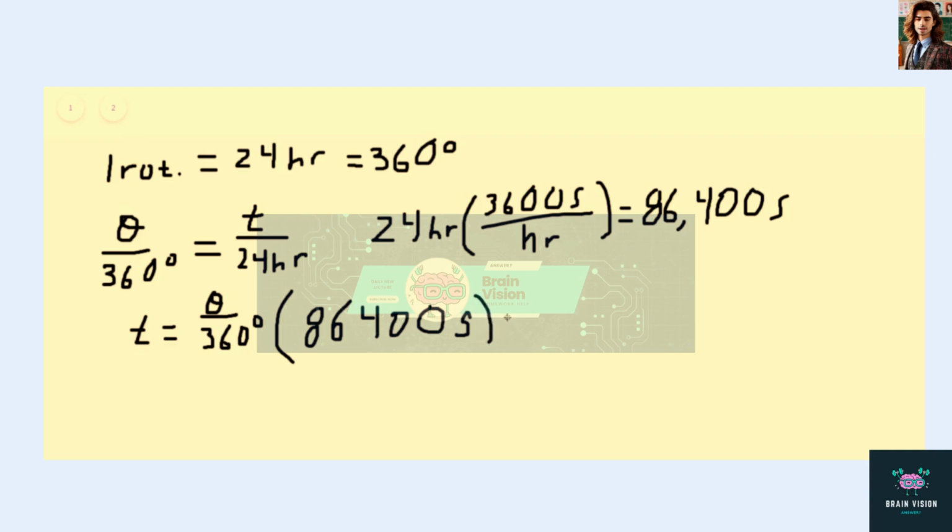And that comes out to be 8.8 seconds. So that's how much time passes between the first and the second sunset. All right, and go ahead and box that in, because that is our solution.